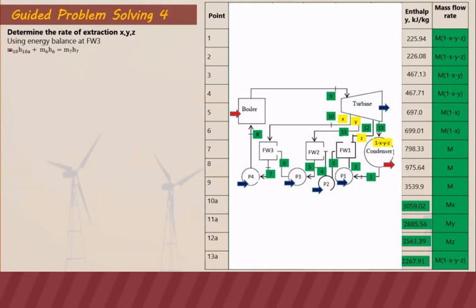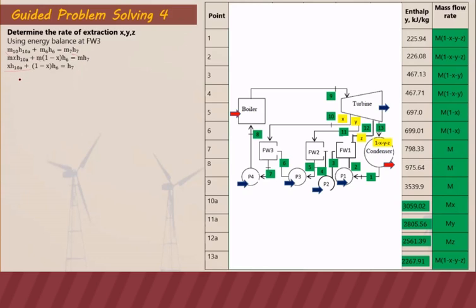Then using the values of masses in the table, we are going to replace these masses here so that they will be the same terms. And then we can cancel out the masses so that we are left with this one.